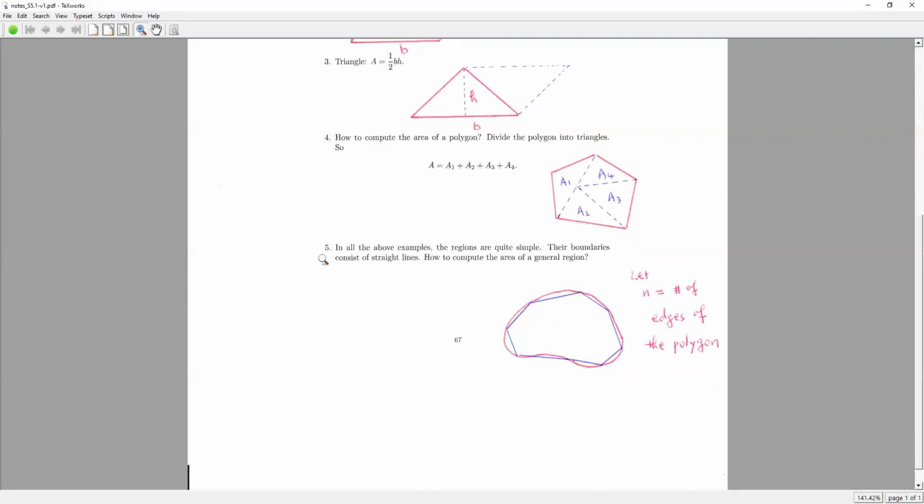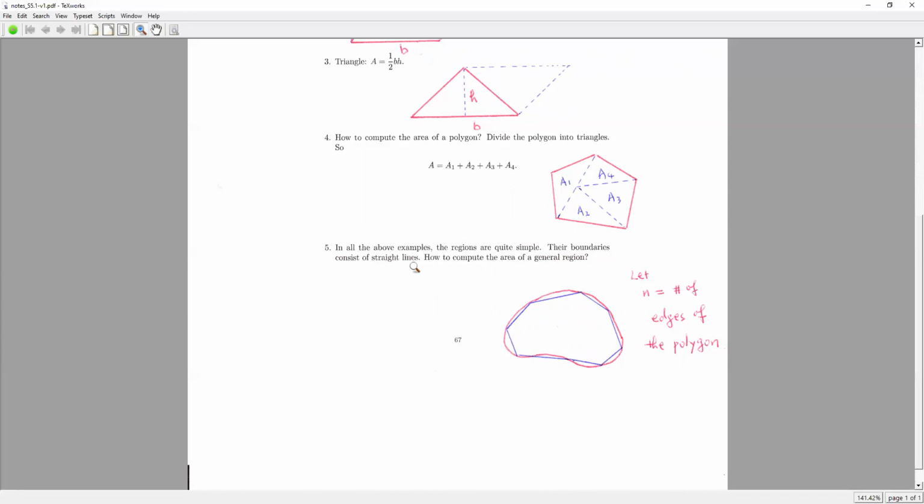Example number 5. In all the above examples, the regions are quite simple. Why do I say that? The regions in example 1 to example 4 are simple regions because their boundaries consist of straight lines.